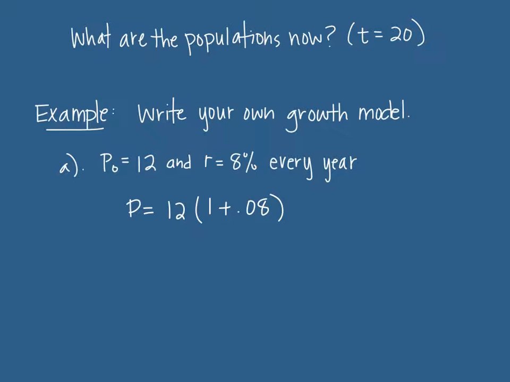Every year means the cycle is 1, so T would be over 1 for K. Now you don't have to write over 1. You could just leave it as T, so your population model could really just be 12 parentheses 1.08. You can go ahead and add those together to the T. And that is your growth model to represent a population that starts with 12 of something and then grows at 8% per year.